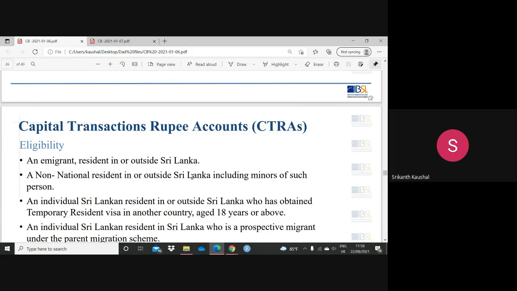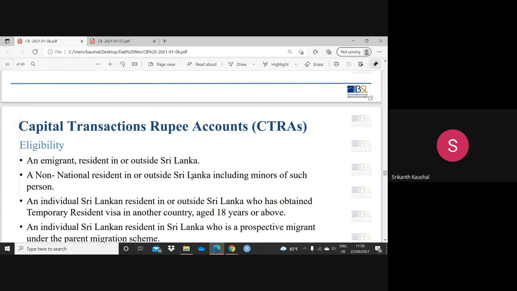Less than 15,000, there is no declaration. To be precise, if somebody is bringing $10,000, there is no declaration because the customs declaration only comes into effect when the amount is above 15,000.